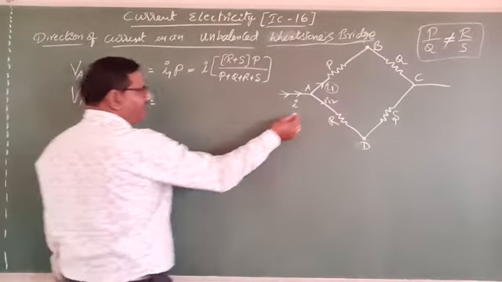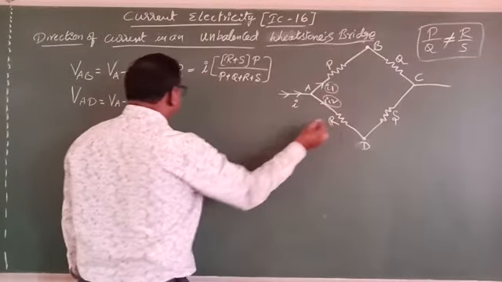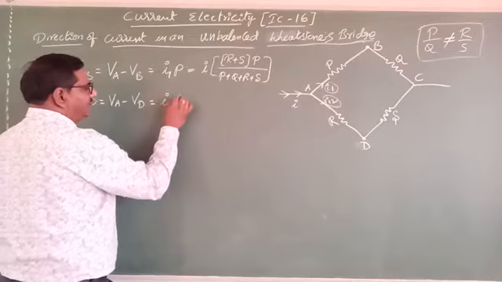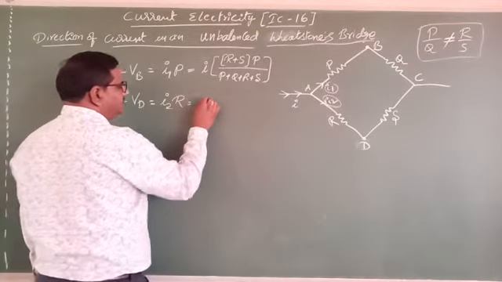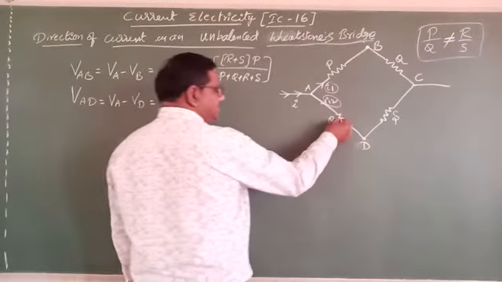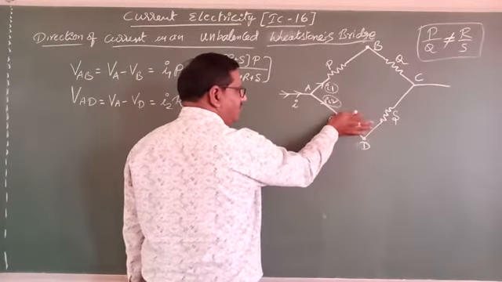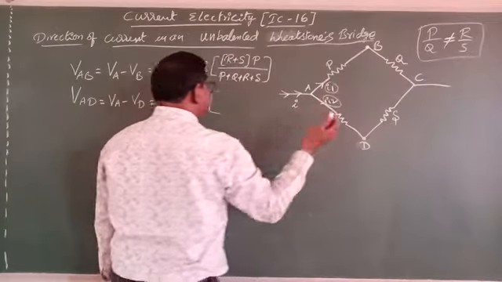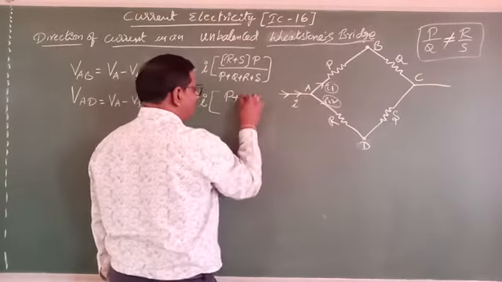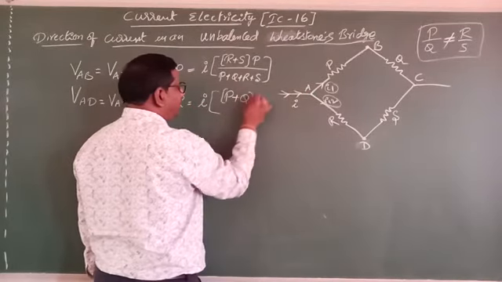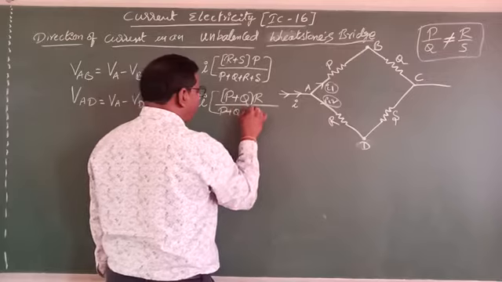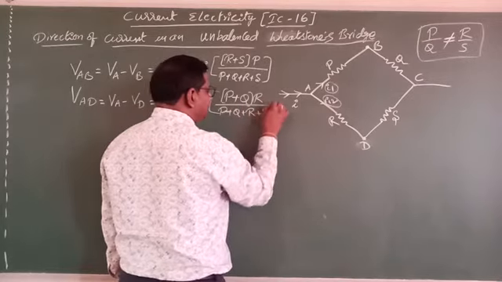The current is I2 and the resistance is R, so it is I2 into R. We write I into the opposite branch resistances, which are P and Q, so P plus Q into R by the total resistance P plus Q plus R plus S.